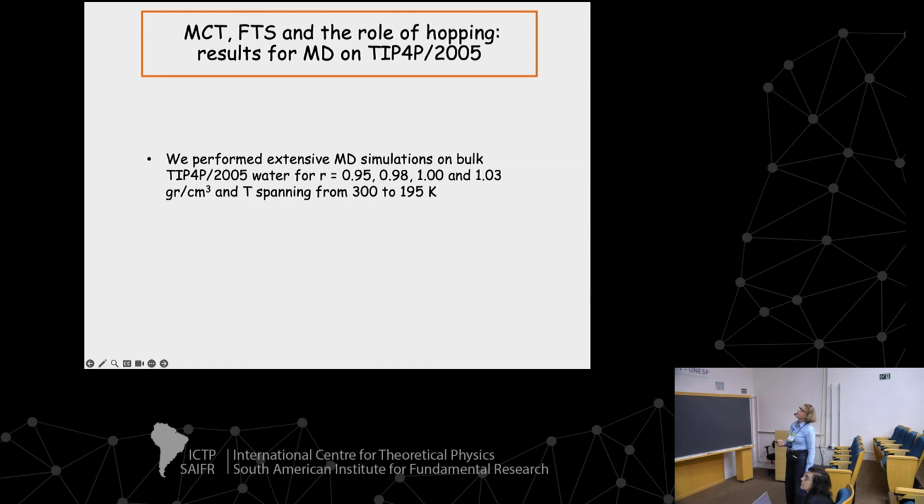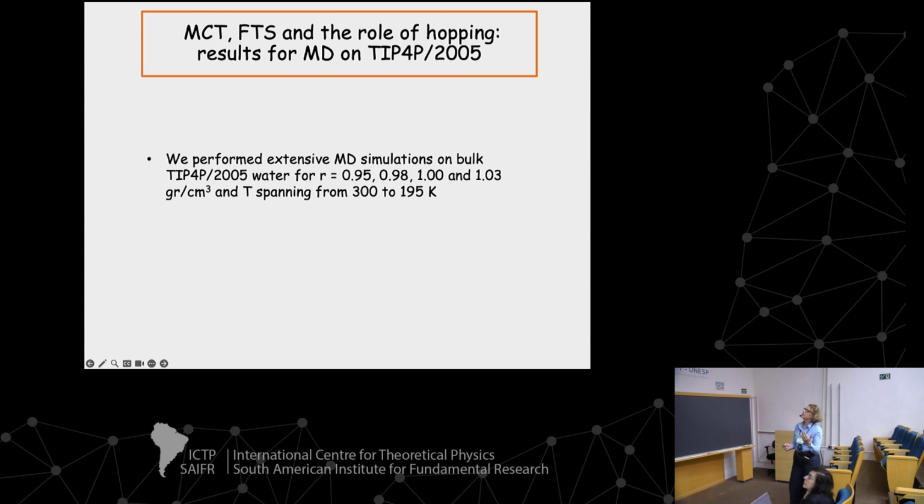But now what I want to talk to you about, show you again, is the behavior of water, because you saw that yesterday in the Lennard-Jones binary mixture, how we see the hopping in water.